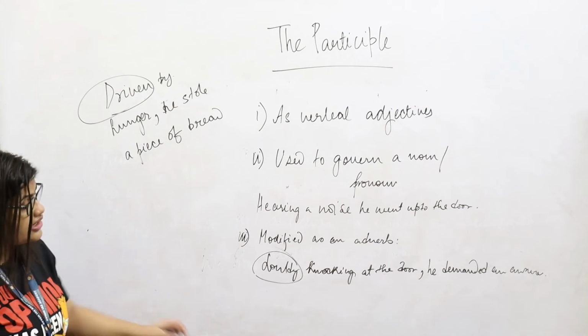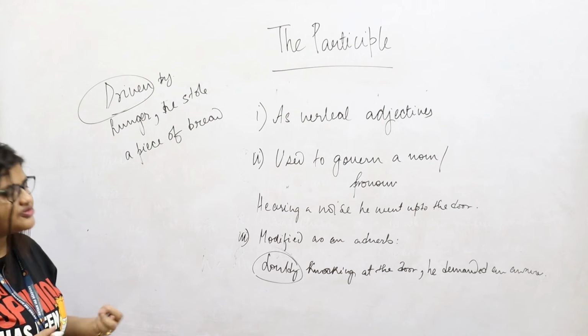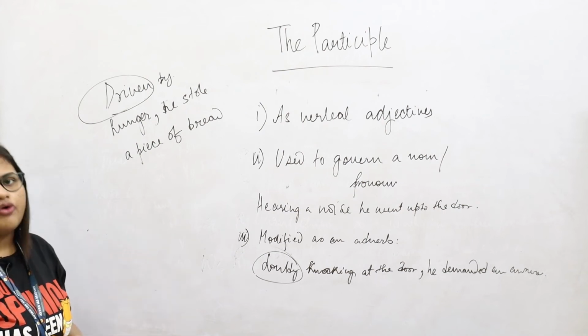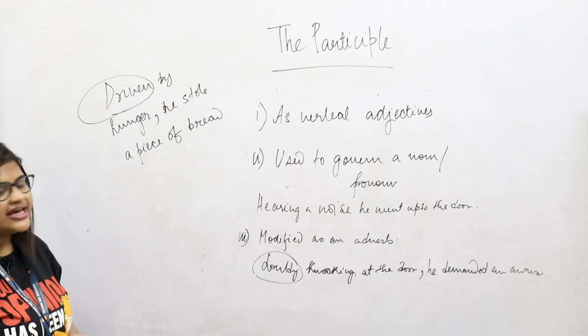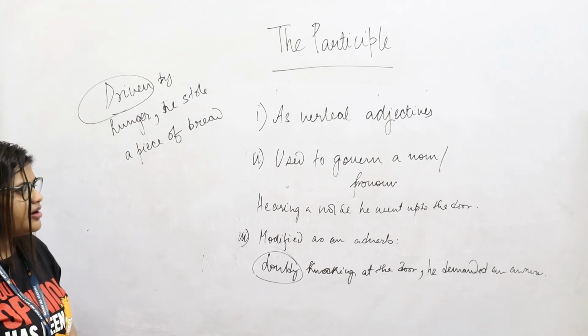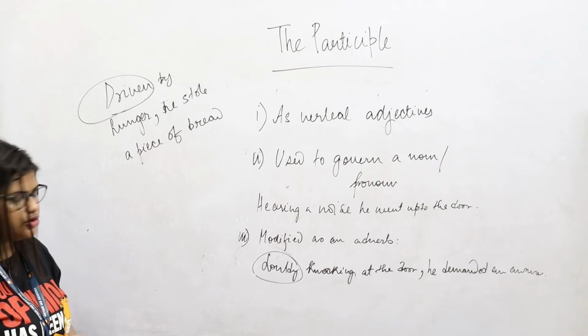So it's knocking loudly, and we are using both as a participle. The sense of the participle may be just as a form on the word knocking, but if you want to make the meaning clear, it's like loudly knocking at the door, he demanded an answer. So we have modified the verb thoroughly with this.